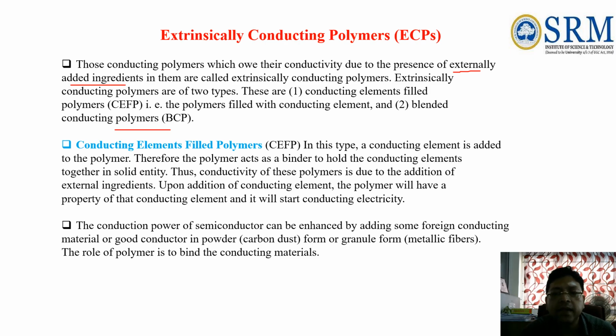So they can mix and bind with this polymer, and therefore the overall composite will show conductivity. That conductivity is coming from the conducting element. For example, if we mix a polymer with some carbon dust or granules, or metallic fibers, that conductivity stems from this carbon dust or metallic fibers. The overall composite, therefore, will have that conductivity.